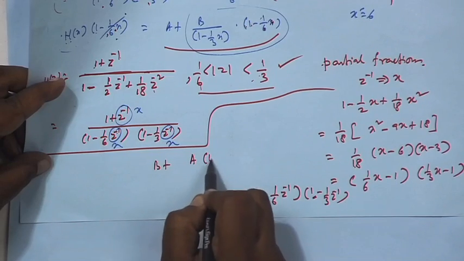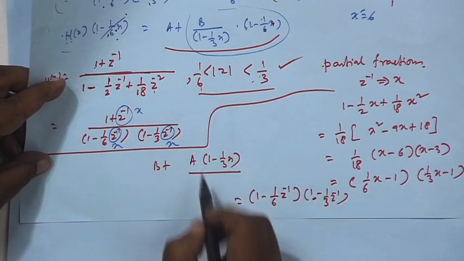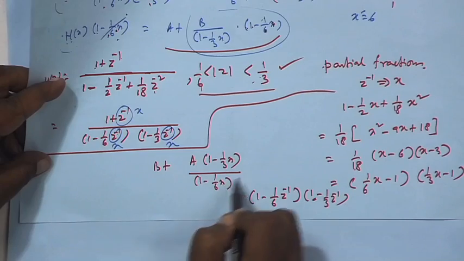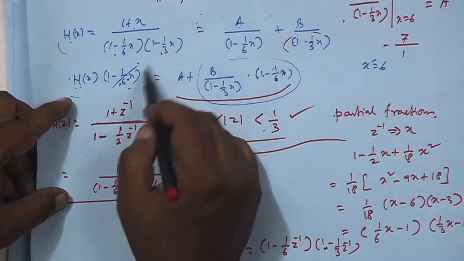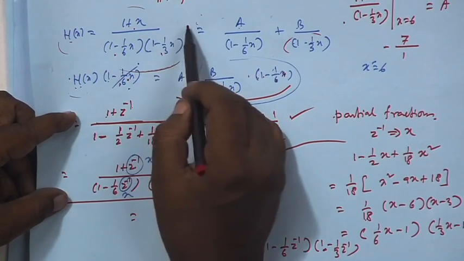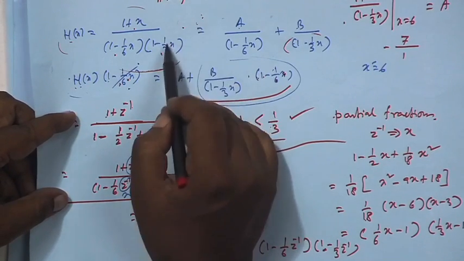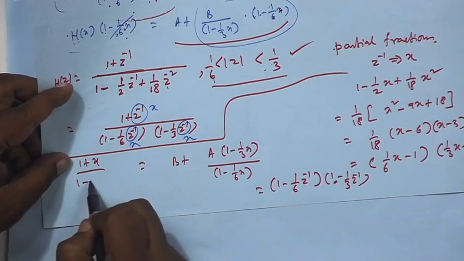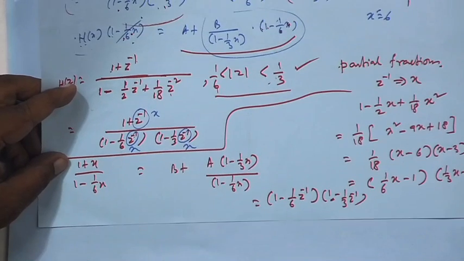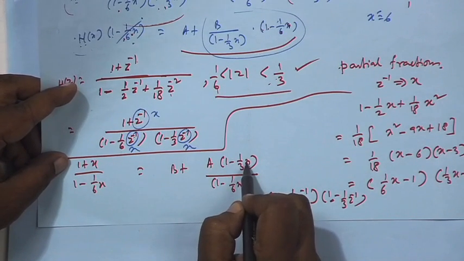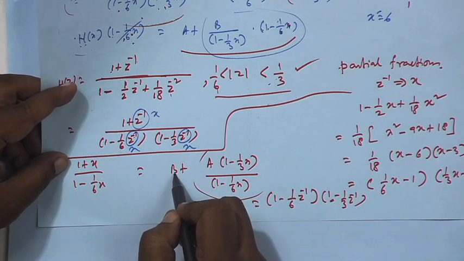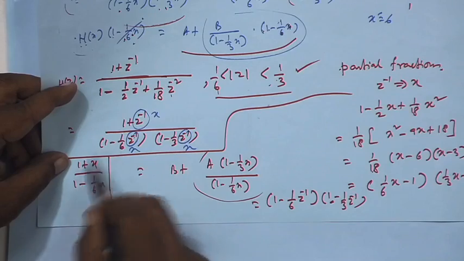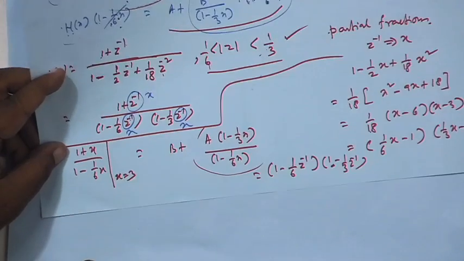In case of a, the factor 1 minus 1/3 x appears divided by 1 minus 6x. The left hand side is H(x) into 1 minus 1/3 x, which cancels with the denominator. So I am left with (1 plus x) by (1 minus 6x). Now on the right hand side, if x is 3, it cancels, 1 minus 1 is 0, this part becomes 0, and I am left with b. So if I put x equal to 3, that will give me b.